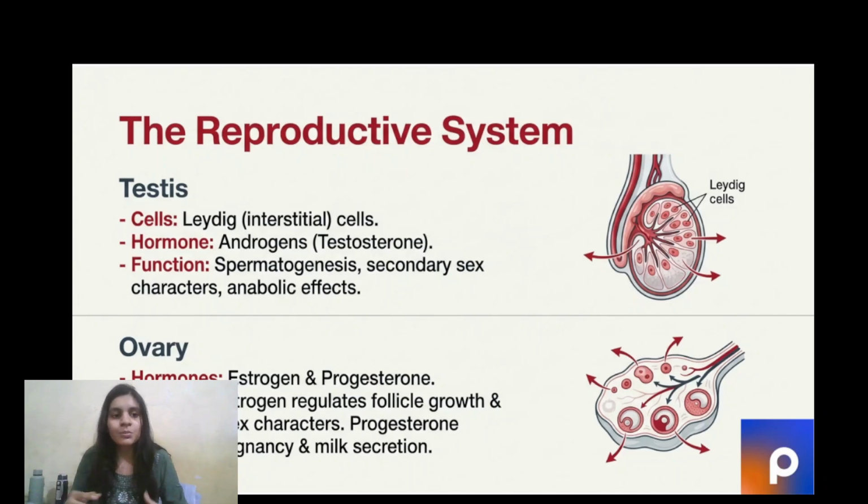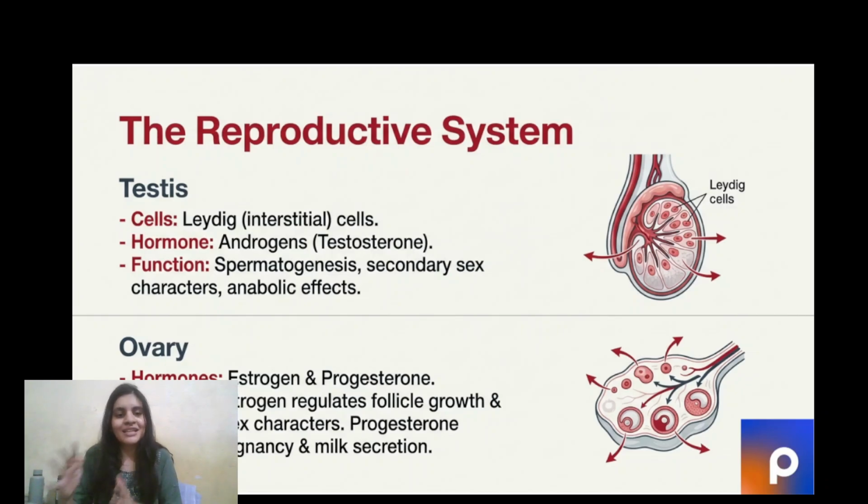The Leydig cells produce the male testicular hormones, androgens, also known as testosterone. Testosterone is responsible for spermatogenesis and the secondary sexual characteristics like high pitched voice, beard, and the anabolic effects, higher muscular strength in males. Also, their libido, their sexual drive, comes because of testosterone.